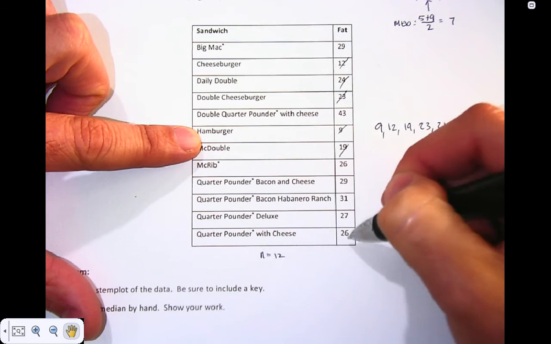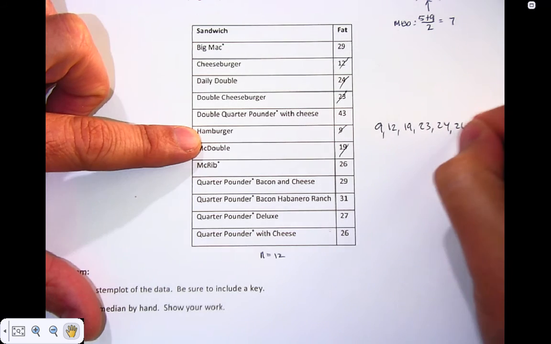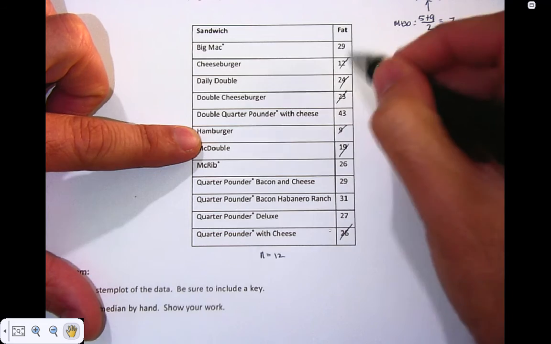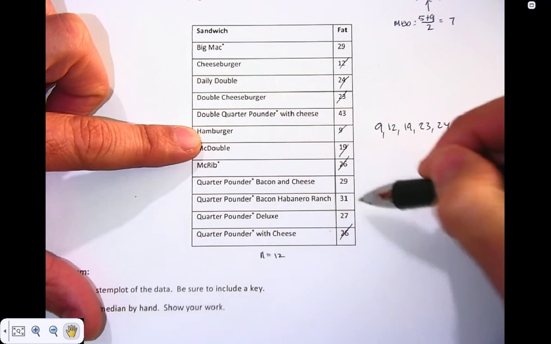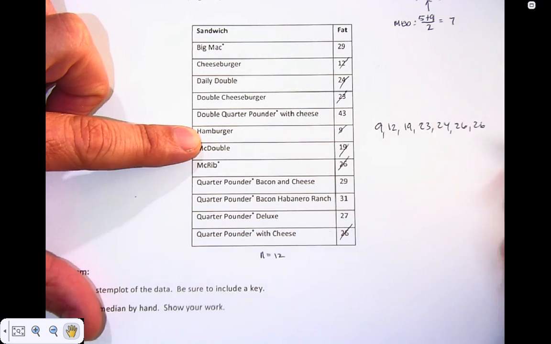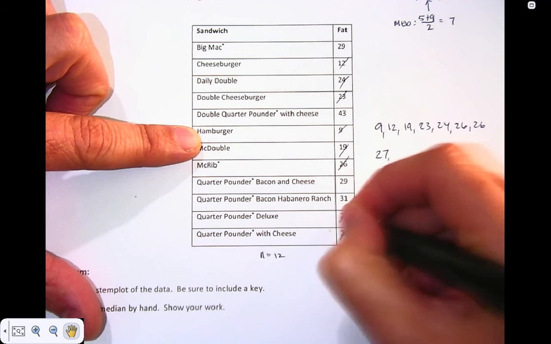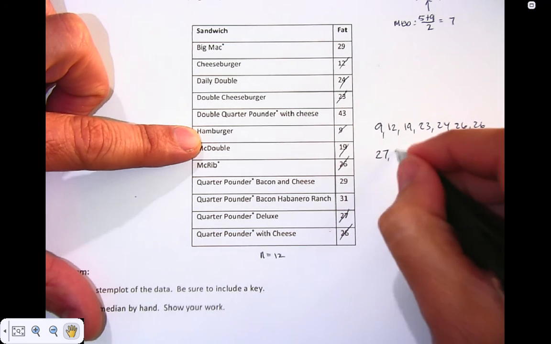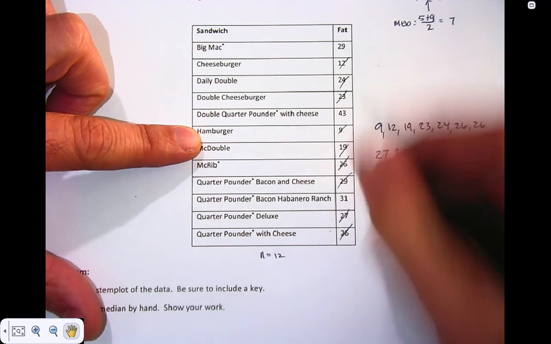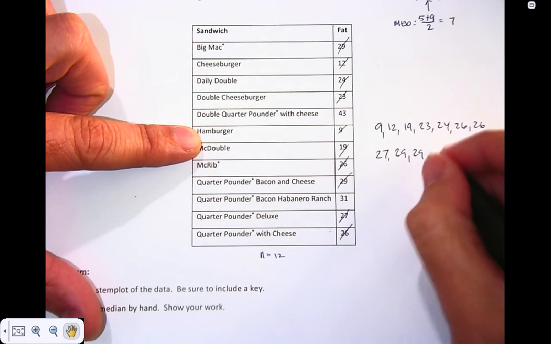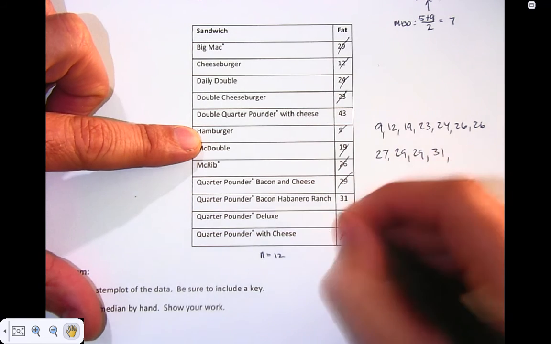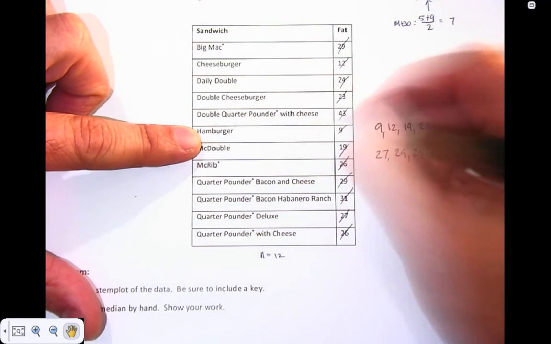And then 26, 26 takes care of those two. And then we've got a 27. We'll just come down here. And then we've got 29, 29, 29, 29. And then we've got 31 and 43.